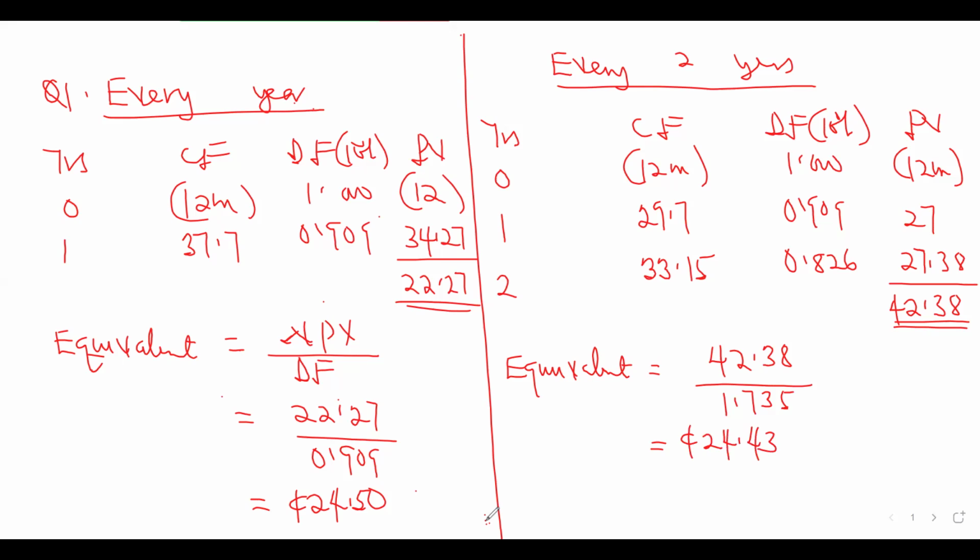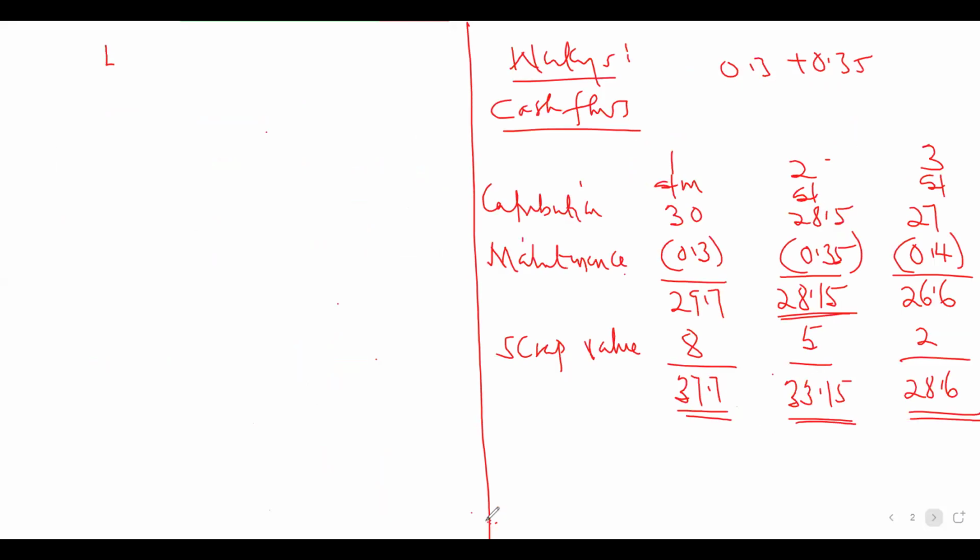Okay. Let's go to every 3 years. If we are replacing every 3 years, what are we going to be having? Whether you are replacing every 3 years, you still buy the assets, so you just use the current cost of the machine. We have the cash flow, the discount factor, and the present value.